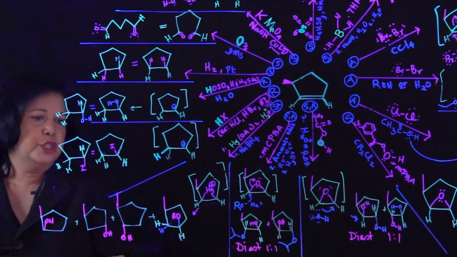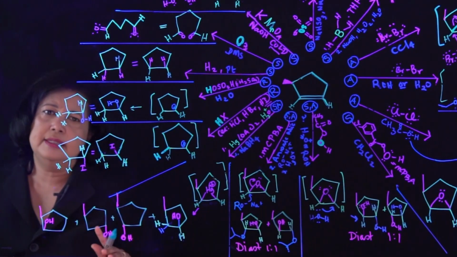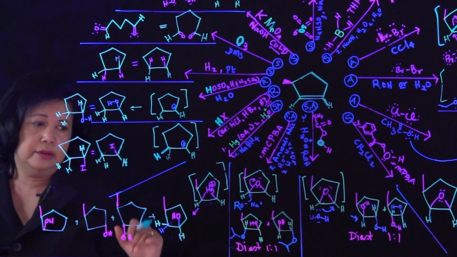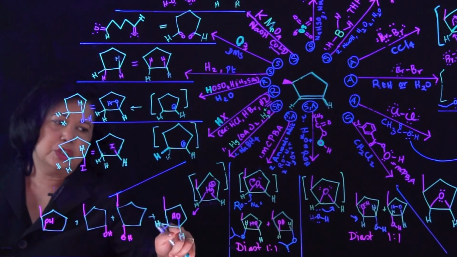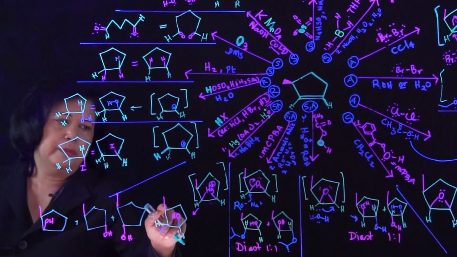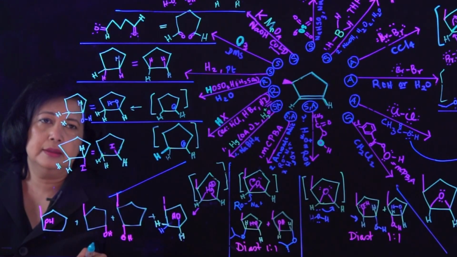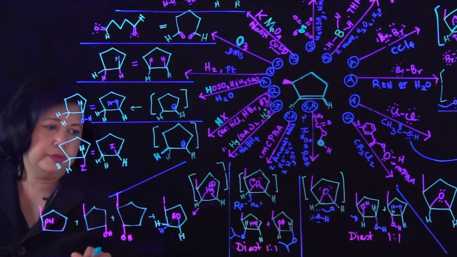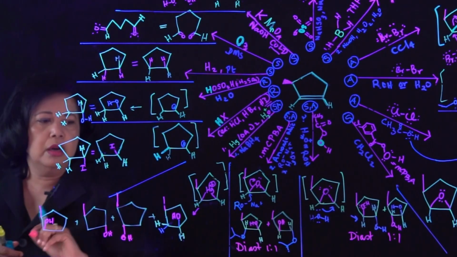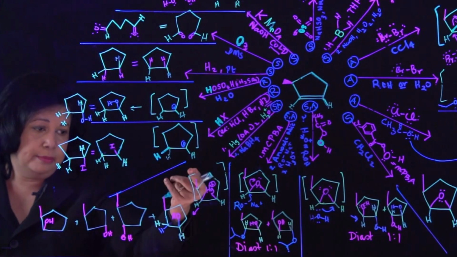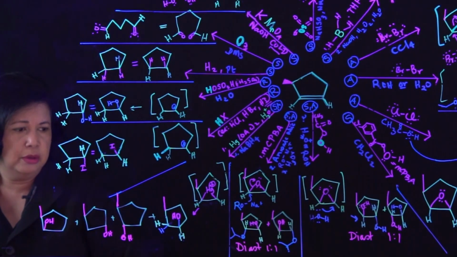So let's look at the relationship between this and this. Is there any relationship? Are they close cousins? Not really. Here the hydroxyl is 2 carbons away from that methyl, and here the hydroxyl is on the carbon right next to the methyl. So they're not stereoisomers. If it's a stereoisomer, all of the substituents would be in the same places, except they will have different spatial orientation.